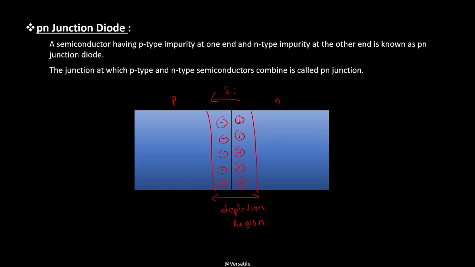And the width of this depletion layer is of the order of 10 to the power minus 6 meter. The potential difference developed across the depletion layer is called potential barrier, denoted by V0.